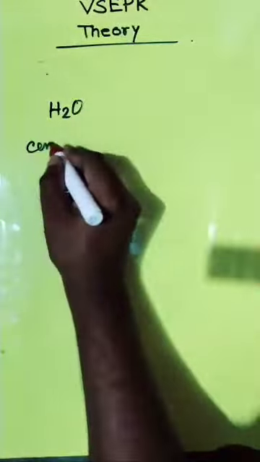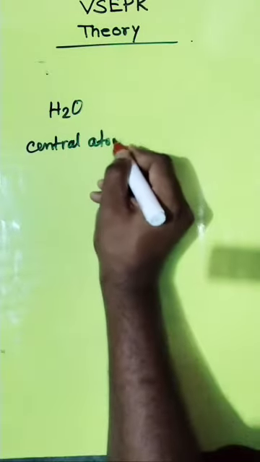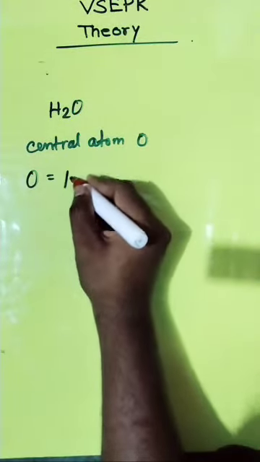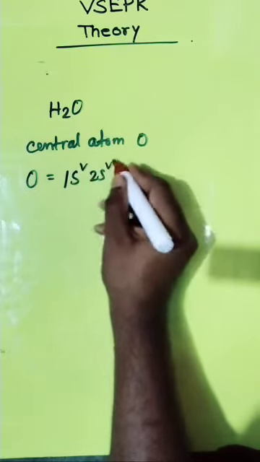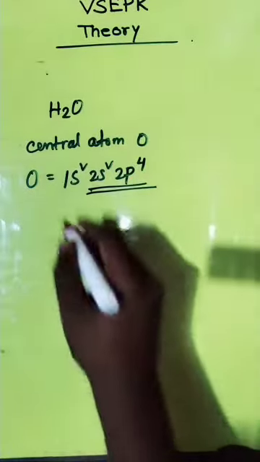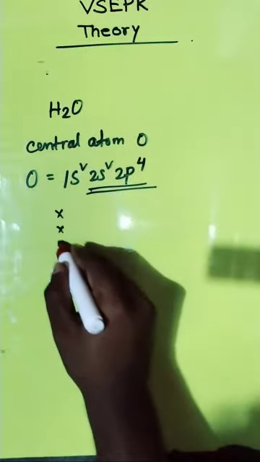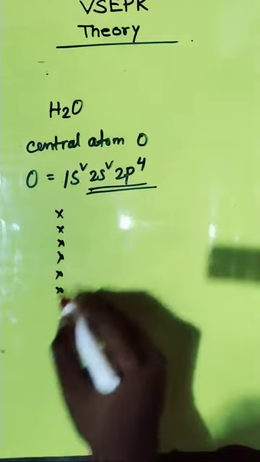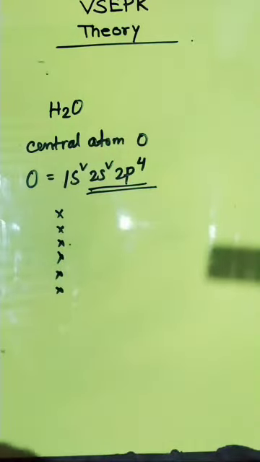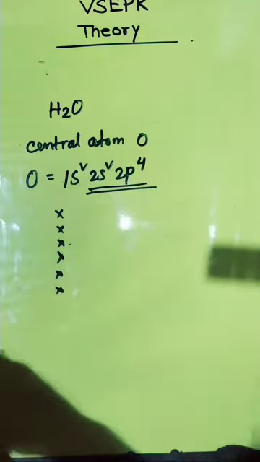Okay, so what is the structure of the water molecule? Here the central atom is oxygen, and the valence electrons of oxygen equal 6, that is the electronic configuration of oxygen is 1s2, 2s2, 2p4. So this is the valence shell. Oxygen has 6 valence electrons in its valence shell, and these actually are involved in sigma bonding with 2 hydrogen atoms.